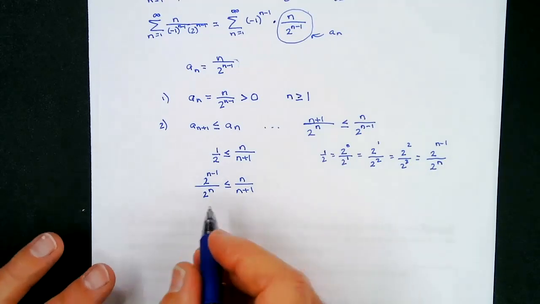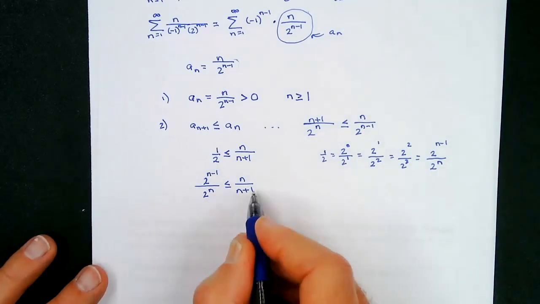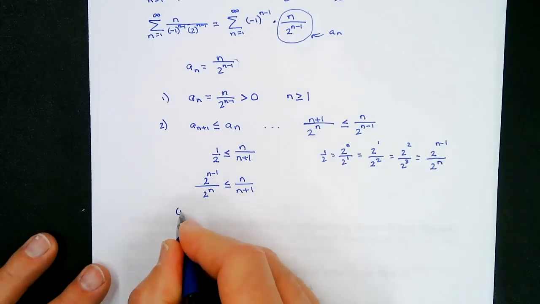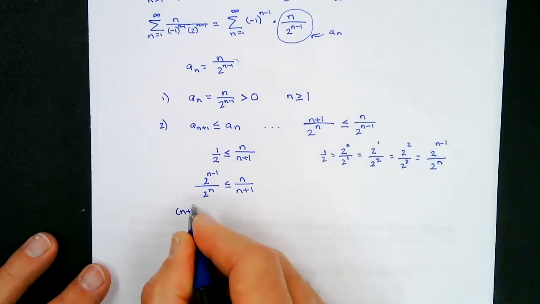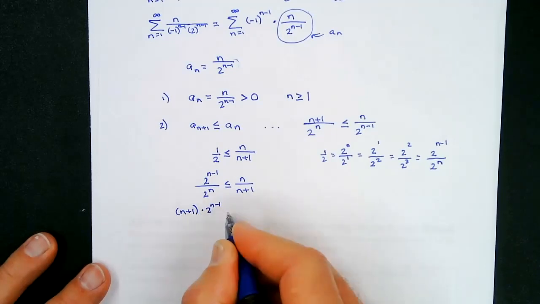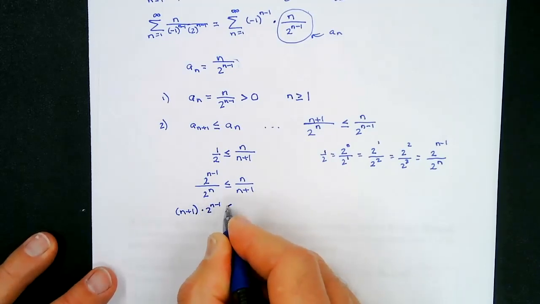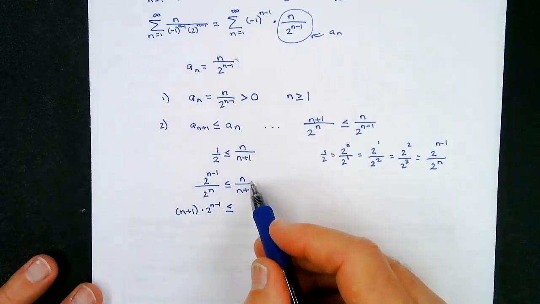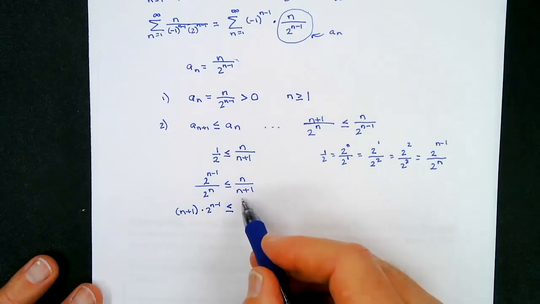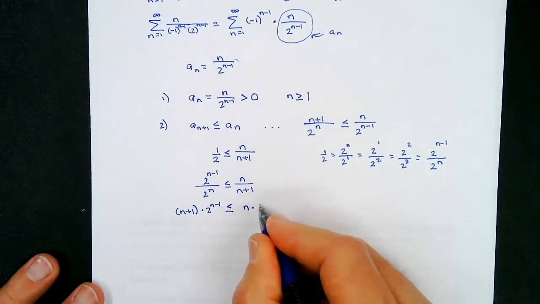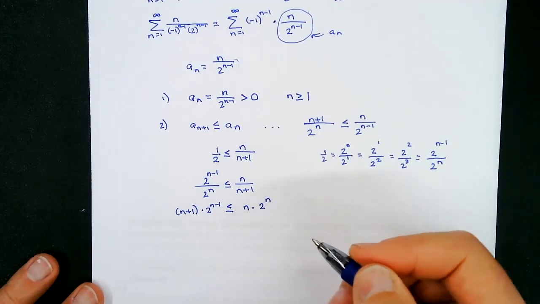So if we multiply both sides by 2 to the n and also n plus 1, our 2 to the n's would cancel, and we would be left with n plus 1 times 2 to the n minus 1 is less than or equal to, and again, if we multiply both sides by 2 to the n and n plus 1, my n plus 1s would cancel on this side, and I'd be left with n times 2 to the n power.